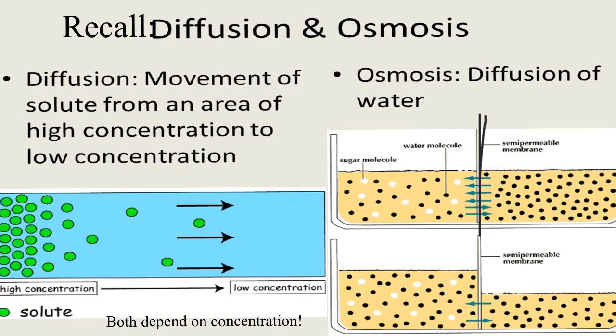So what's going to happen is the water is going to flow towards the sugar because comparatively, there is a lower concentration of water here than there is here. So this is 100% water, and this is, say, 50% water. So it's going to go towards the area where there's less relative water.